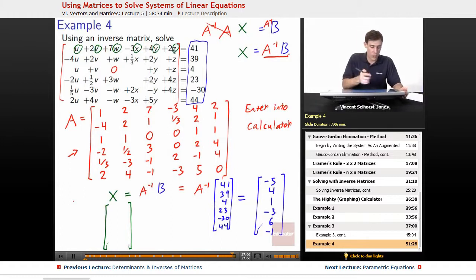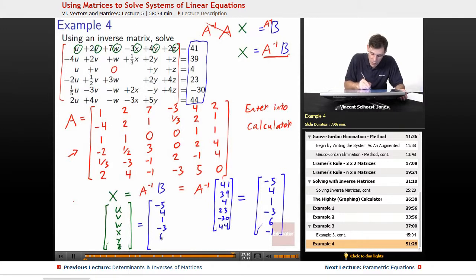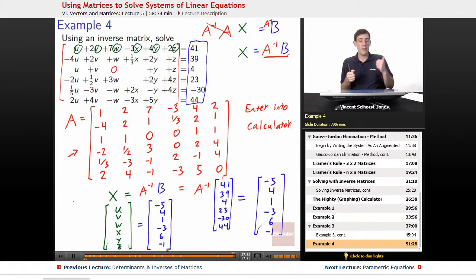So they go in that order in our column: u, v, w, x, y, z equals this thing that we just punched out: negative 5, 4, 1, negative 3, 6, negative 1. So u equals negative 5, v equals 4, w equals 1, x equals negative 3, y equals 6, z equals negative 1.